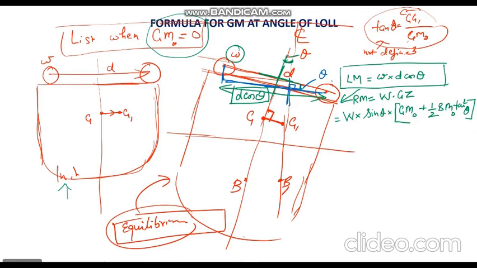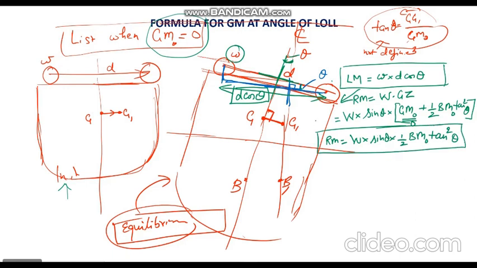Out of this, GM initial is already 0, known to us. GM initial is 0 in the given condition. So the righting moment becomes equal to W into sine theta into 1 by 2 BM initial tan square theta. This is what the righting moment is equal to by wall-sided formula.